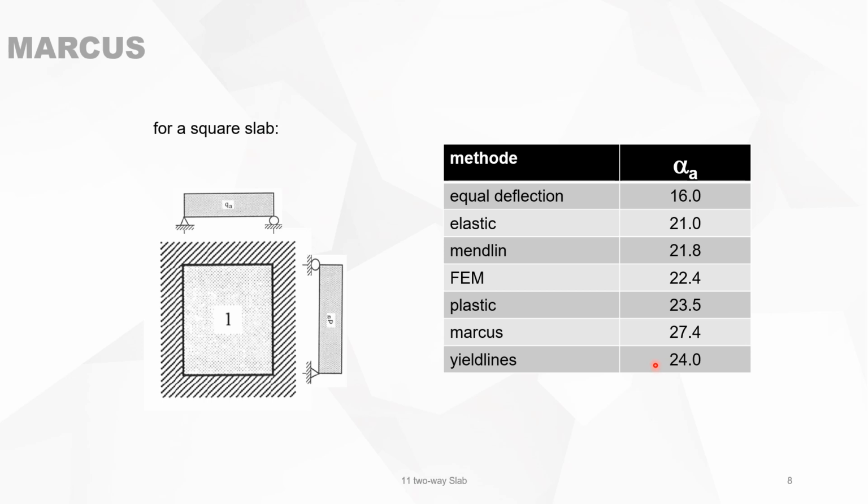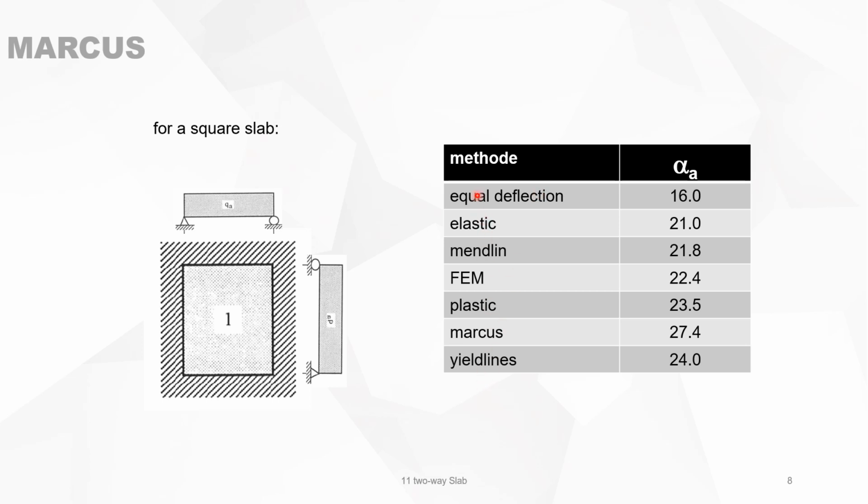So how is this possible? You calculate the maximum bending moment of a square slab, and you have all kinds of results starting from 16 up to 24. The reason, as we will see, is in fact simple in this sense that equal deflection is an elastic method and yield lines is a plastic method.